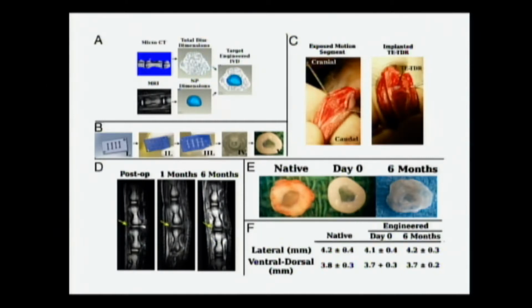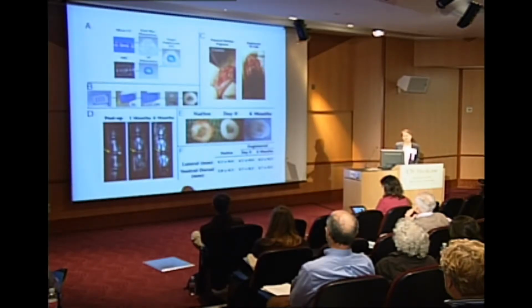And they show the disc that they've taken out, the disc that they generated, which is collagen around an alginate core, which contains cells in it. And this is the tissue 6 months later when they harvested, and it maintained disc height. So very promising proof of principle that disc replacement will work.